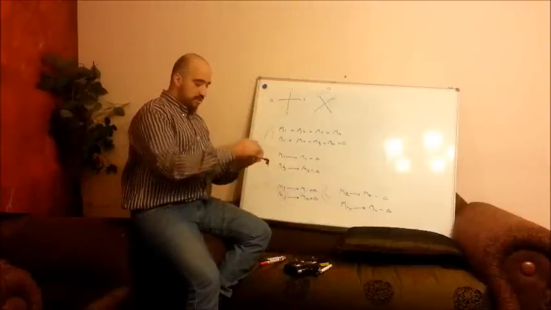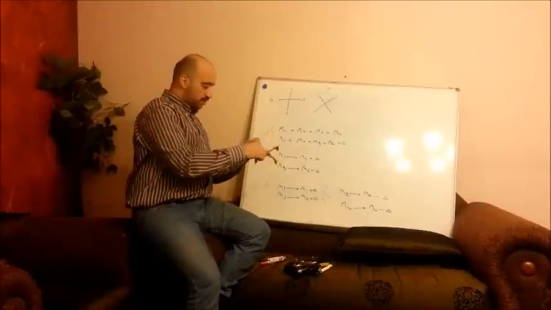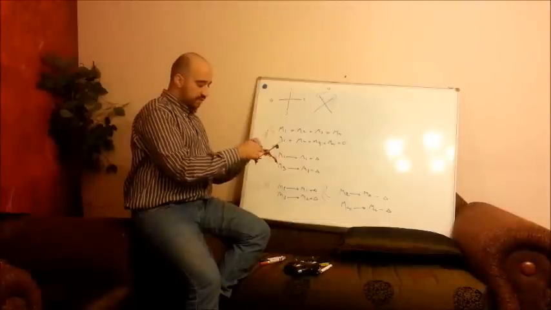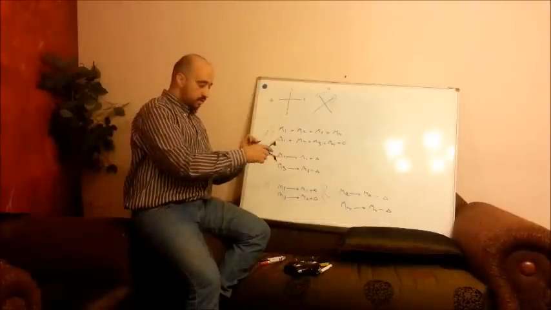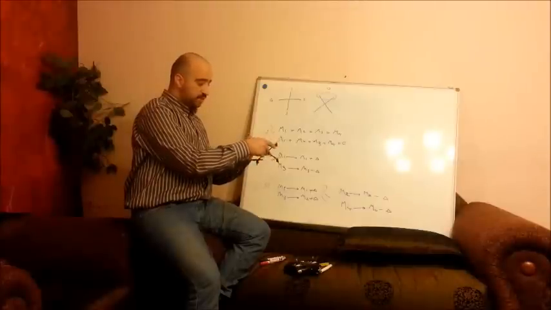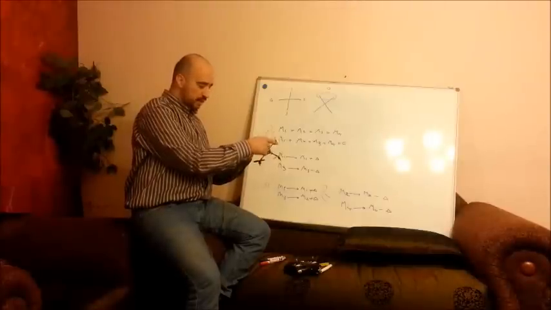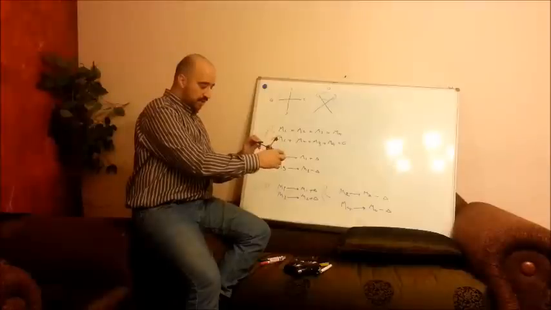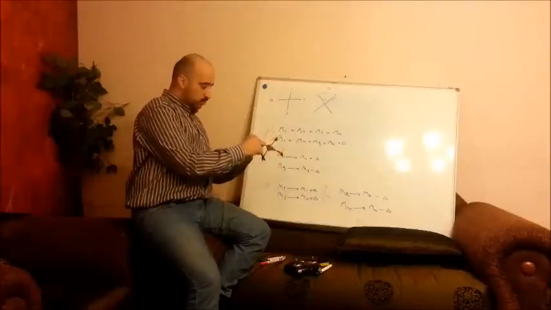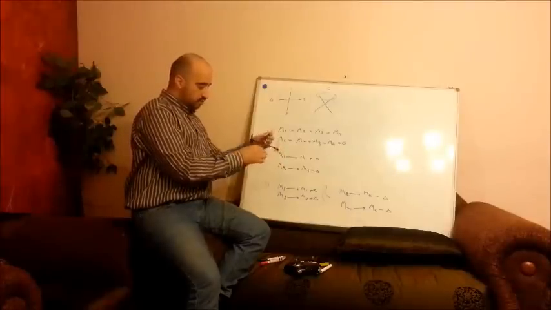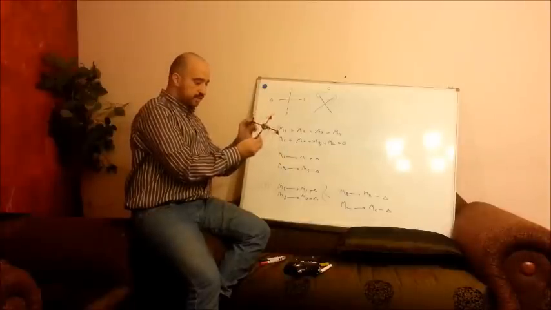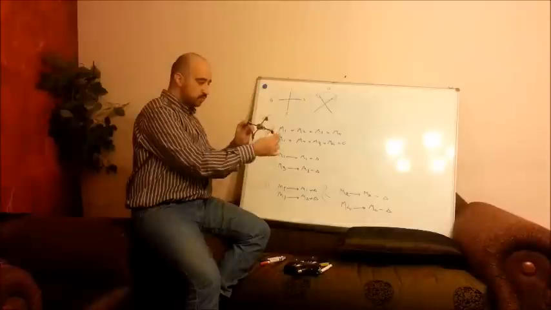We increase the RPM of motor 1 and motor 3, and decrease the RPM of motor 2 and motor 4, and that will generate more torque from these motors than from those motors.